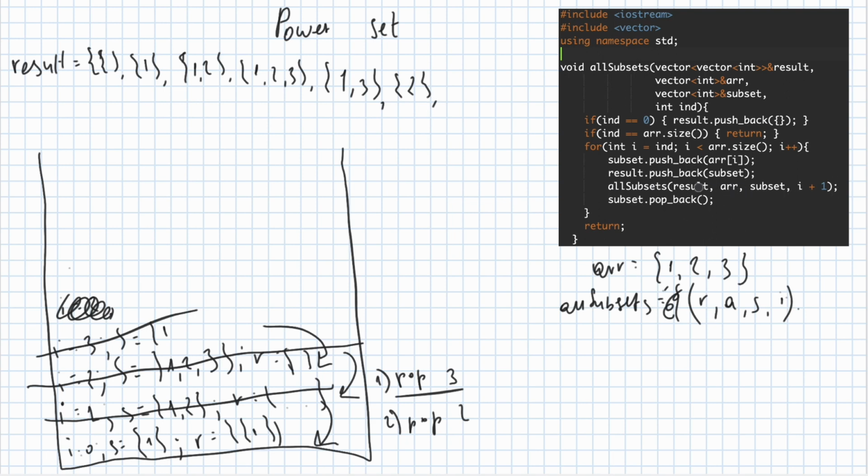And then the recursion starts where we pass I plus 1. Our I was 1, so 1 plus 1 is 2, so the 3 will be considered now. So we say subset push back array at index 2, which gives 2 and 3, and we push that subset to our result.